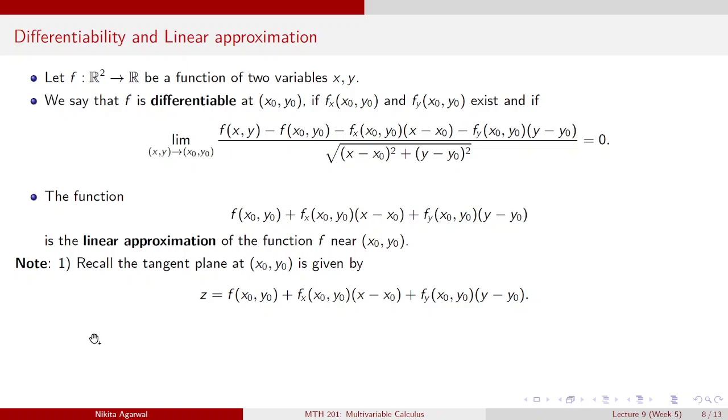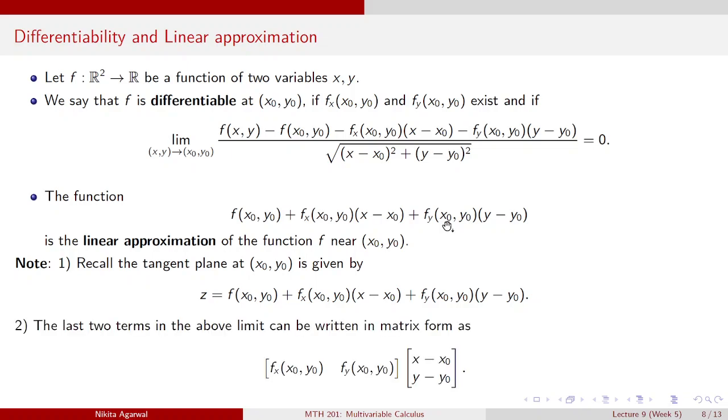A few notes. First, this is the equation of the tangent plane, right? So this right hand side, except the z term, is called the linear approximation. And if you look at the last two terms in this limit, they can be written in matrix form. I am ignoring the negative sign.